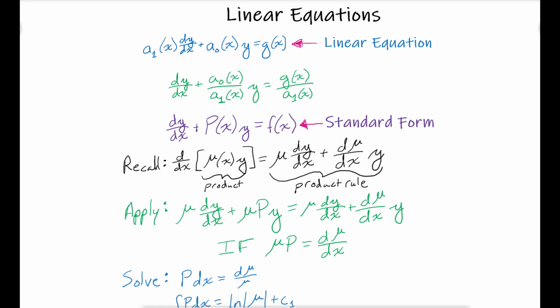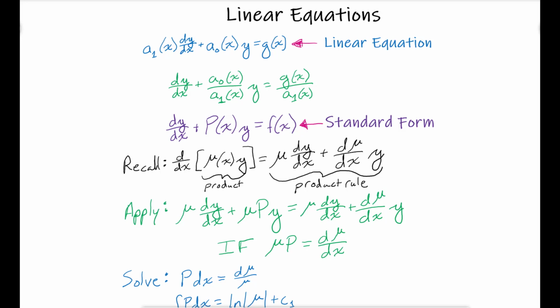Now, I've put these equal to each other because they look so similar. And in fact, they would be exactly equal to each other if only mu of x times p of x equaled the derivative of mu with respect to x.